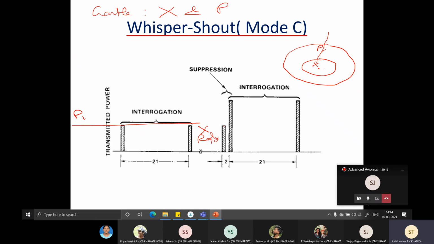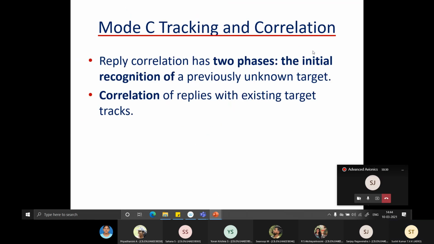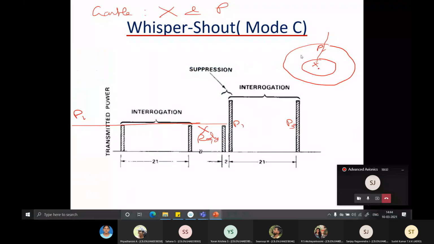Now this suppression pulse is at the same level as P1 and immediately followed up with P1 and P3. This suppression pulse, which was at P1, is not received by aircraft P, because the power level is very low. But the second interrogation of P1 and P3 pulses is at a higher power level.